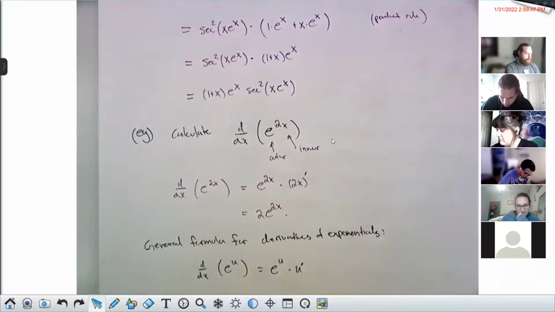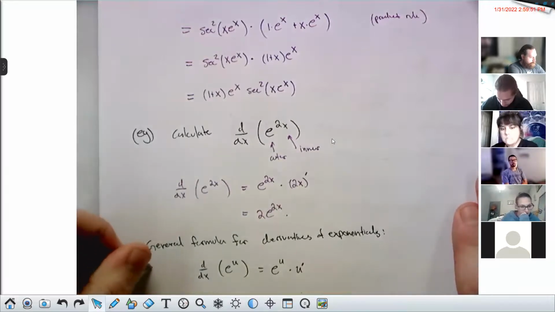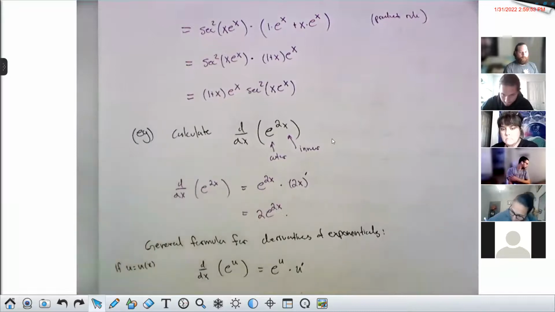And then the idea here, of course, is we're assuming u is some function of x, right? You don't need to memorize this as its own thing, but in recent semesters, I've had a few students struggle a little bit with spotting the inner and outer for exponentials, and this sometimes makes it easier to see, just thinking of it that way.